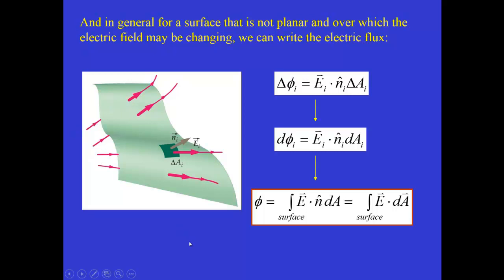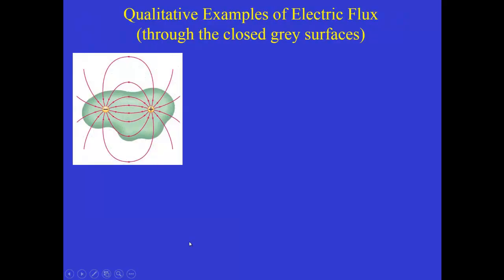Now, let's look at some qualitative examples of electric flux, because this will help us understand where Gauss's law comes from. Imagine that we have this closed surface, this gray surface, sort of a balloon-like surface, and inside of it there's both a plus and a minus charge, and they have equal magnitudes. So this is a dipole, and we recognize the field lines emanating outward from the positive charge going inward toward the negative charge.